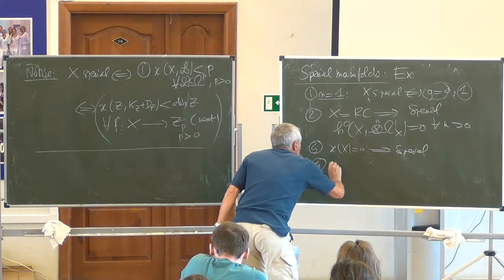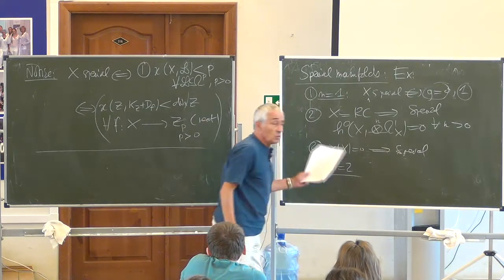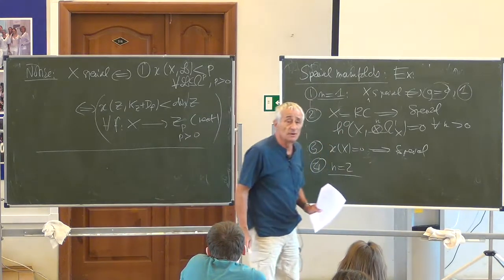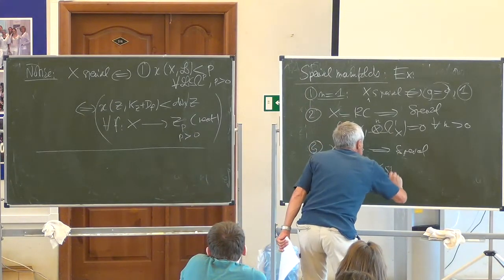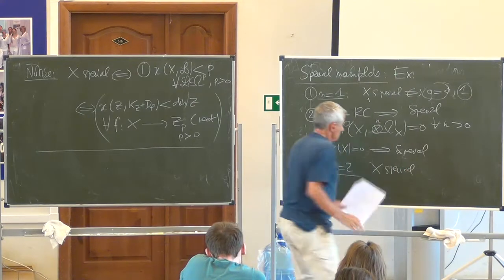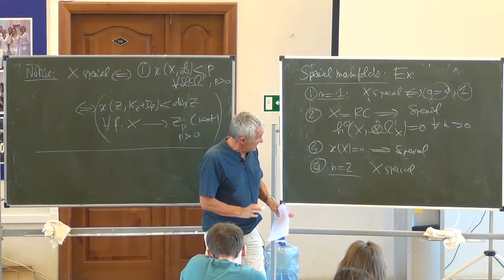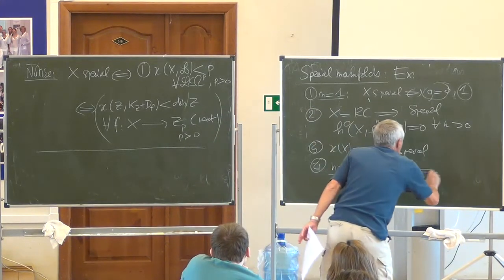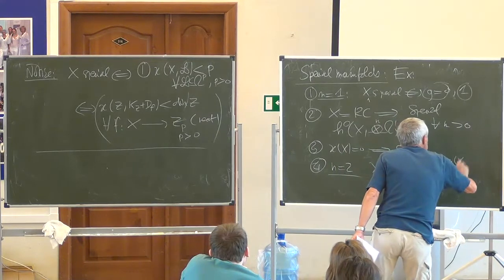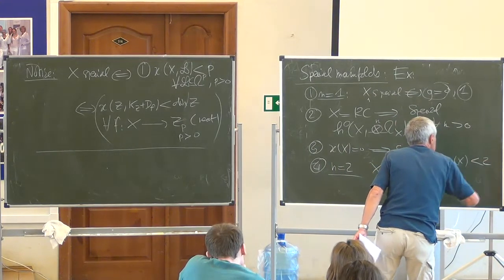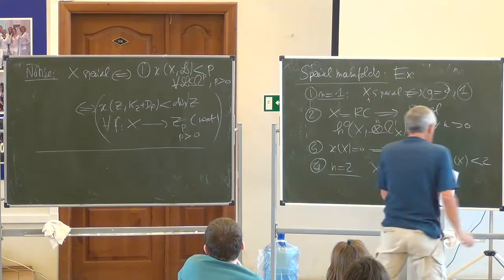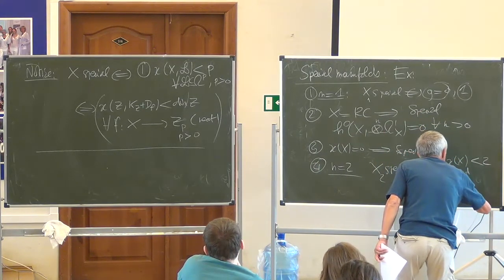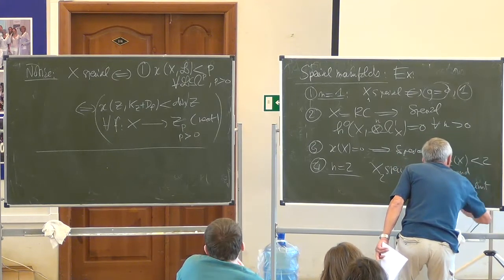Now 4, maybe I will take n equal to 2, so the case of surfaces. And so I have the following characterization. Surfaces, this is a small dimension still, and so you have some special phenomena which happen. X is special if and only if κ(X) is less than 2 and π_1(X) is almost abelian.